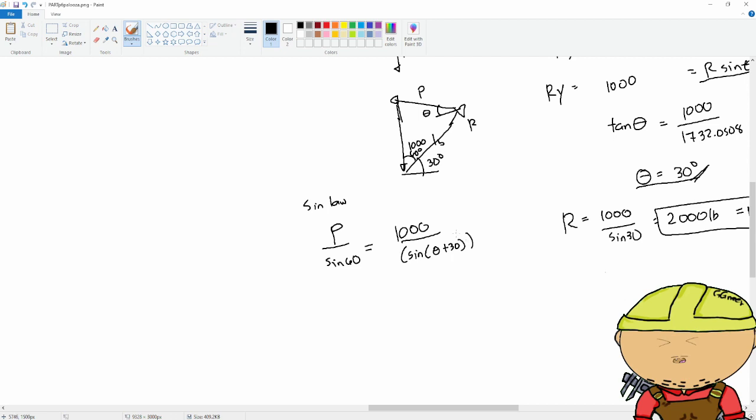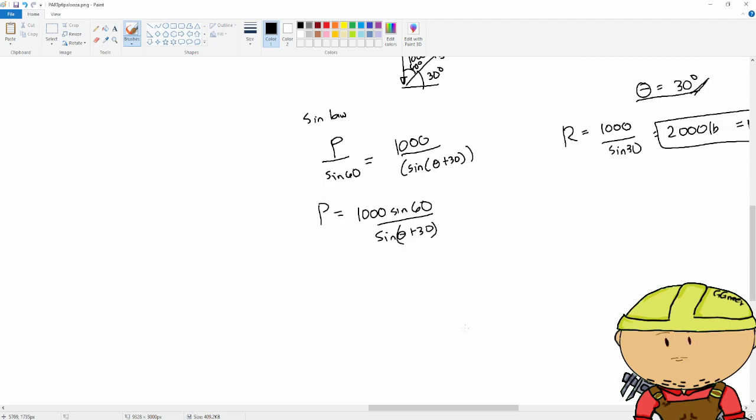Isn't that right? So P is equal to 1000 sine 60 over sine of theta plus 30.